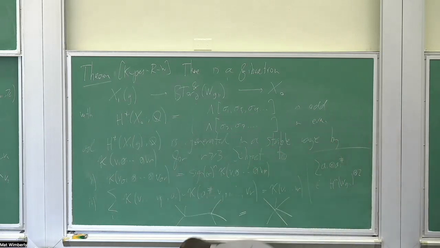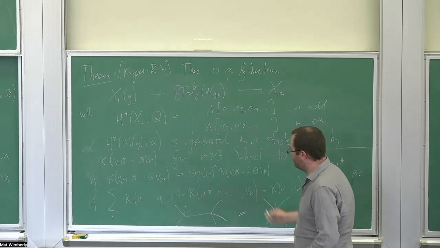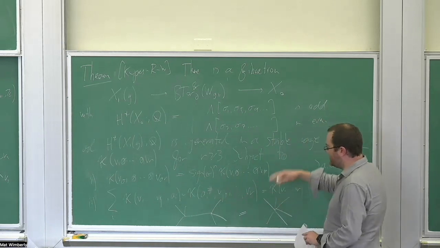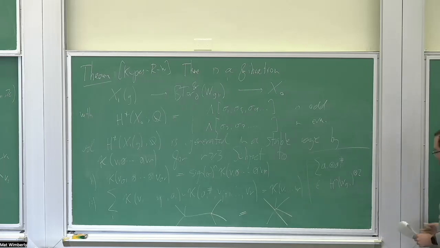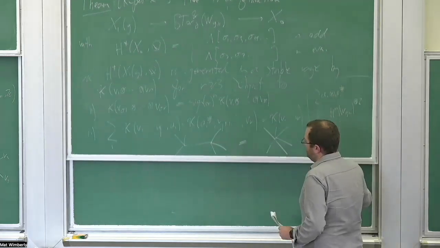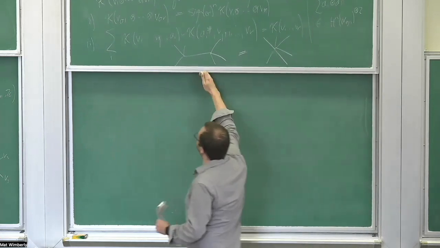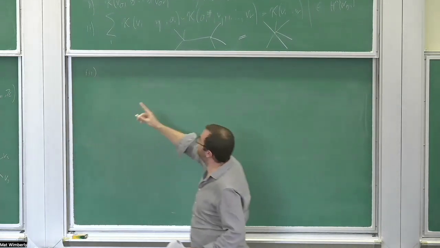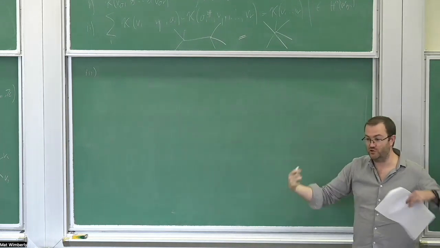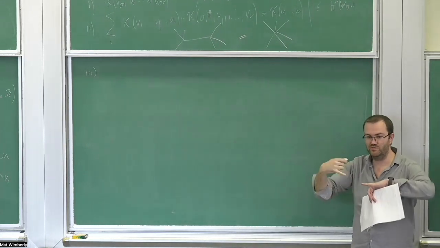And this is not just a heuristic, because thinking about things in this way pays off. One more thing, I suppose. This is telling you what happens if you take two corollas and you pair one leg of one with one leg of the other.